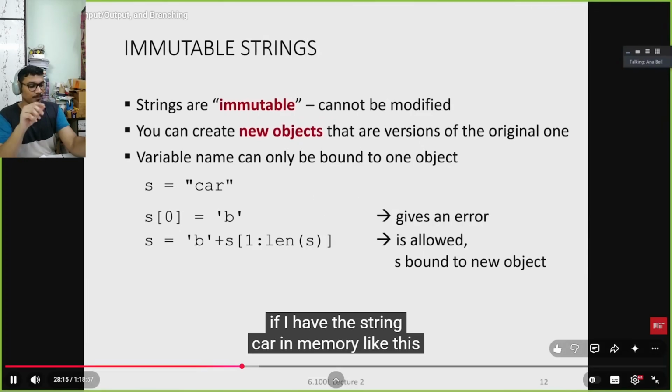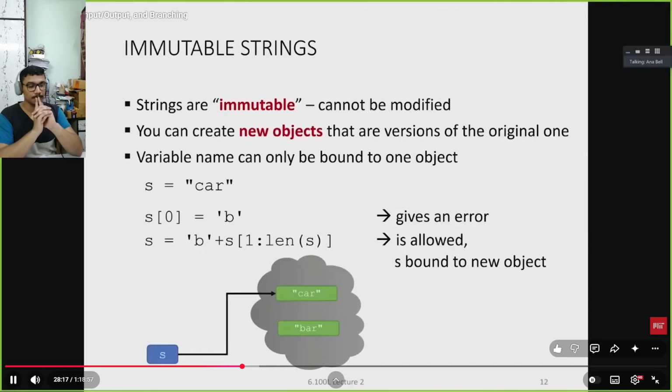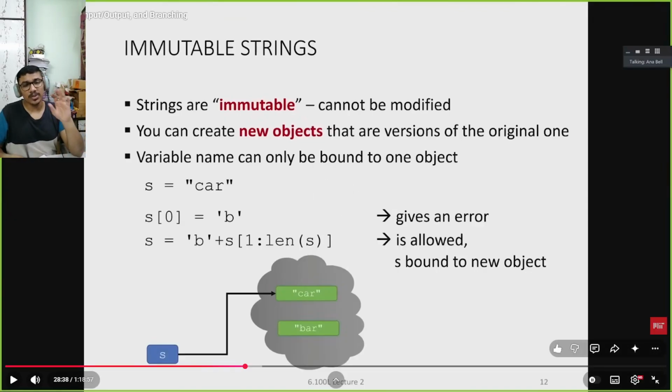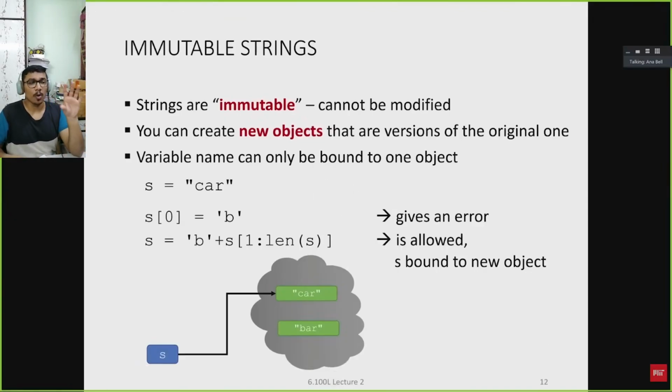If I have the string car in memory like this, and it's bound to variable s, and I want to change the first letter to a b, I'm not allowed to. Python won't let me change the letter at index 0 to a b. That's not allowed. You can get new versions of that particular string. What we are eventually doing over here is overwriting.